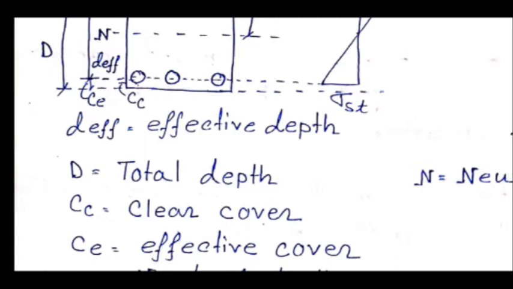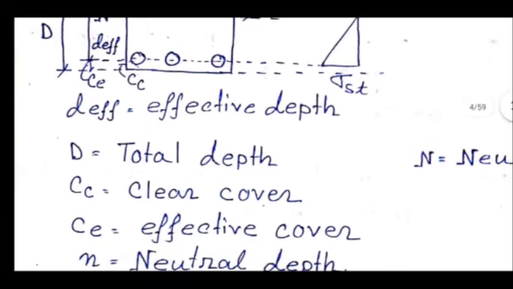Now C suffix E, that is effective cover, that means from the bottom fiber of the cross section of the beam to the middle of the bar, that is called effective cover.